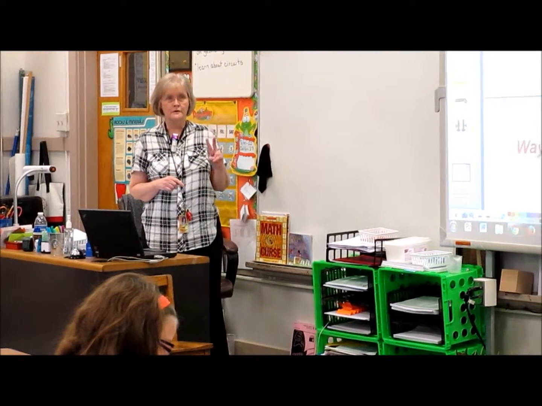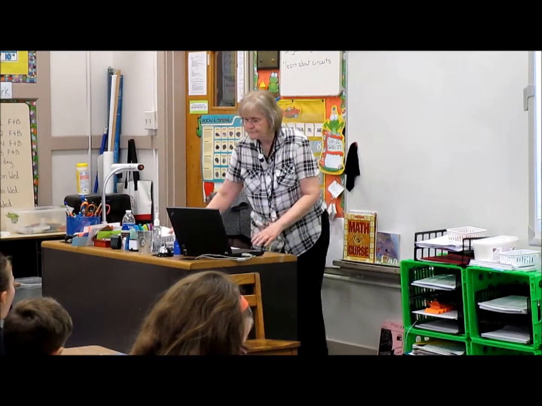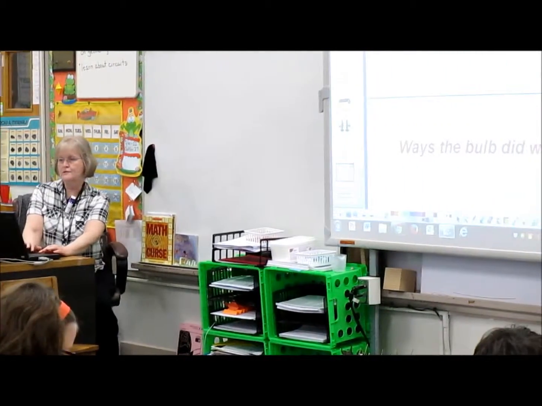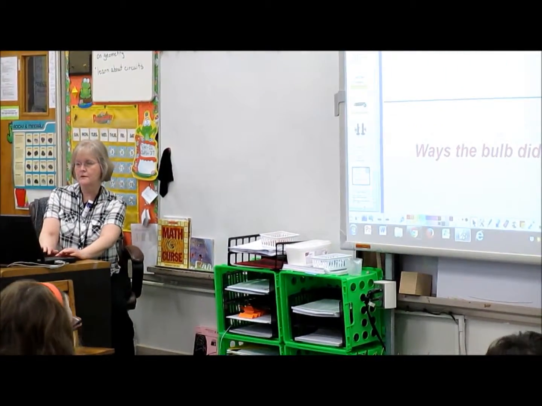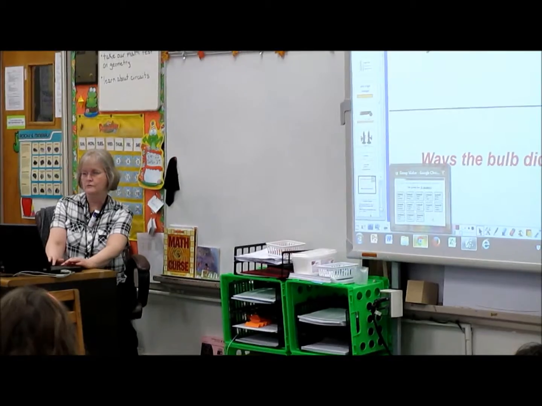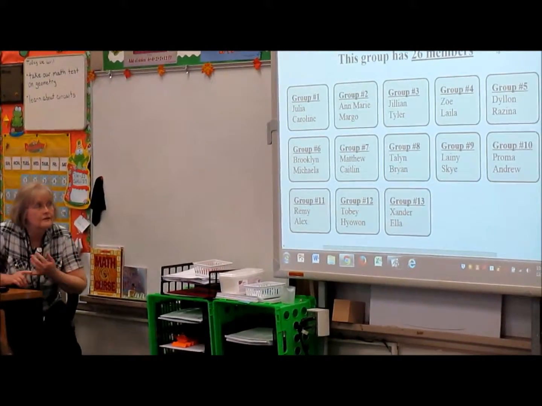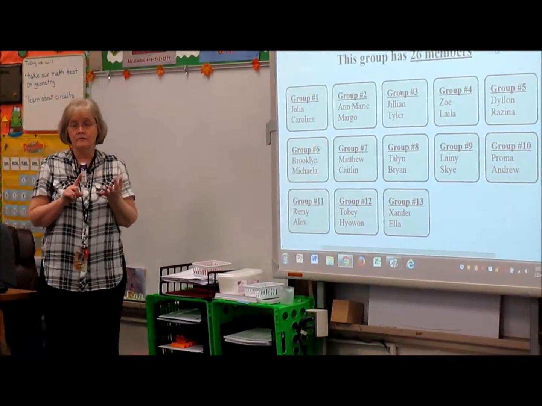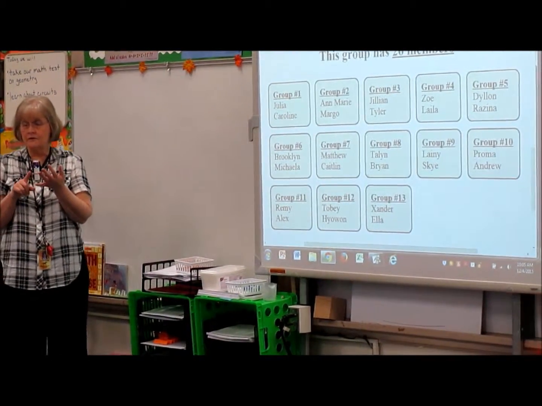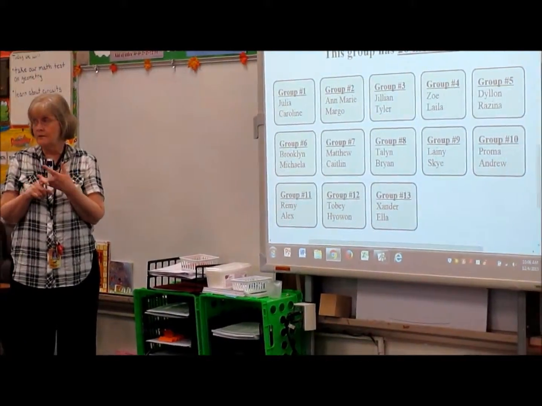You're going to work in pairs. We'll let the computer hook us up with a partner. The first name in the partner list is going to get the materials. And when you get your materials, please make sure that you have inside your container a battery, a bulb, and a piece of foil.